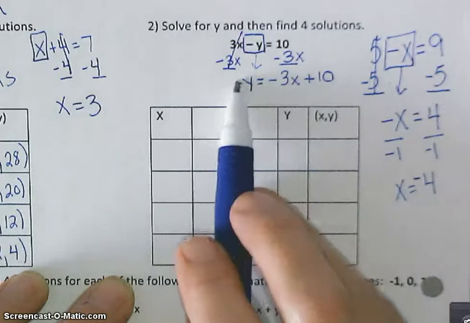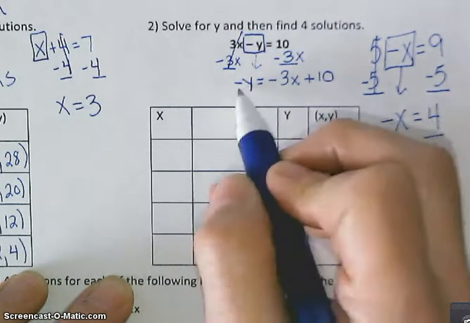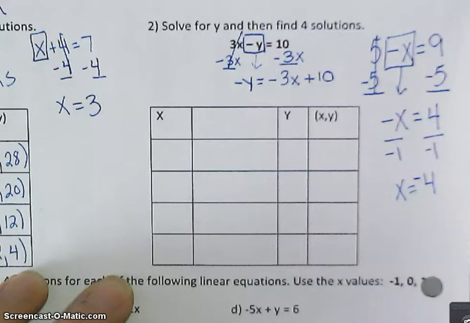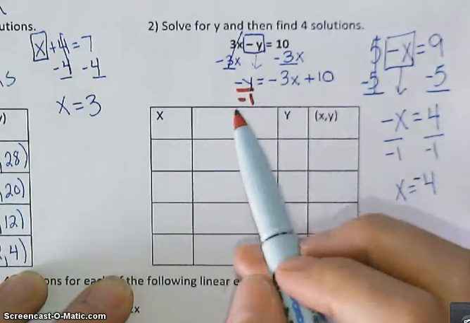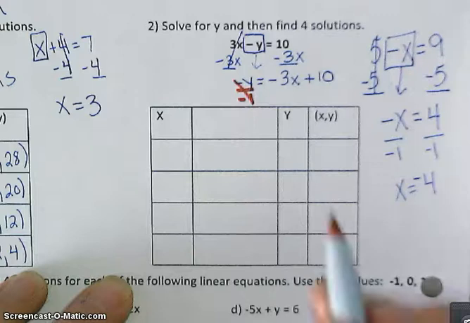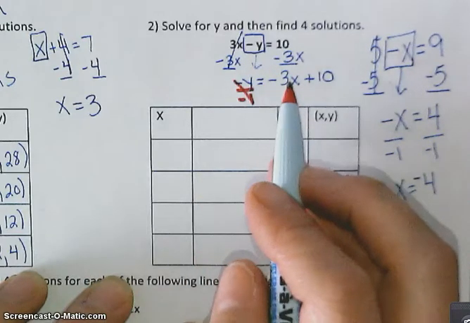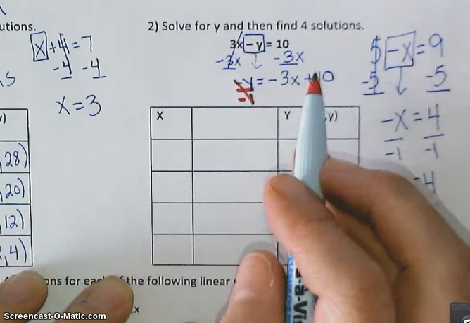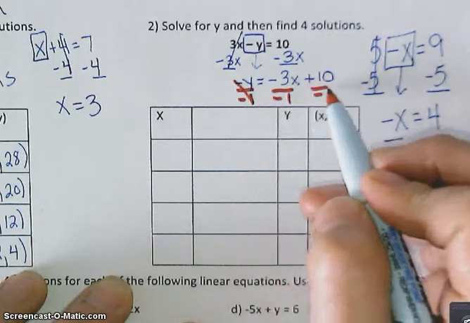Well, this is like having a -1 out front. So really what I could do is take this and divide this by a -1, and then my 2 negatives would cancel out. But then what I do to this side, I also have to do to this side, and I have to do it to every single term. So divide by -1 and divide by -1.